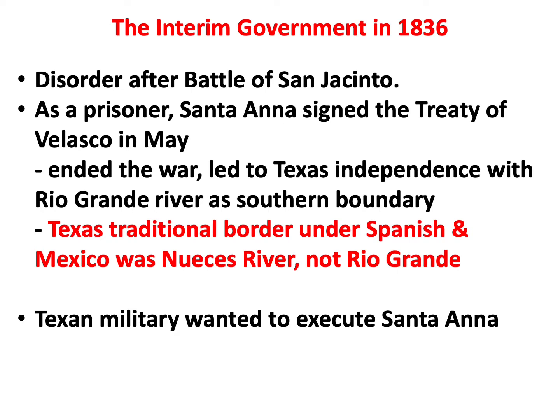Now, the traditional boundary of Texas, when it was part of Spanish North America, a province of the Spanish viceroyalty headquartered in Mexico City, and as well as being a state under Mexico, the southern border of Texas was not the Rio Grande, but the Nueces River.